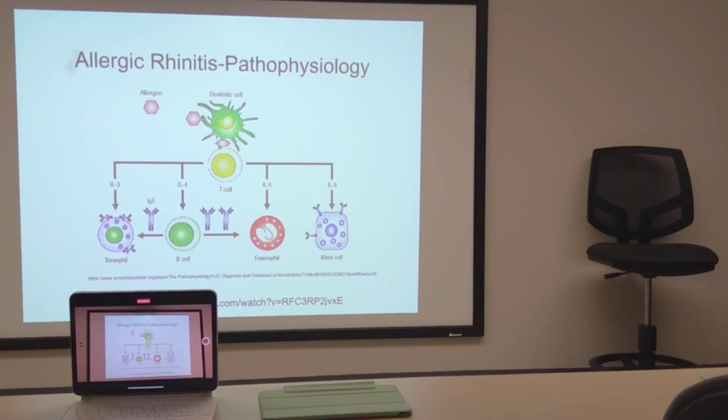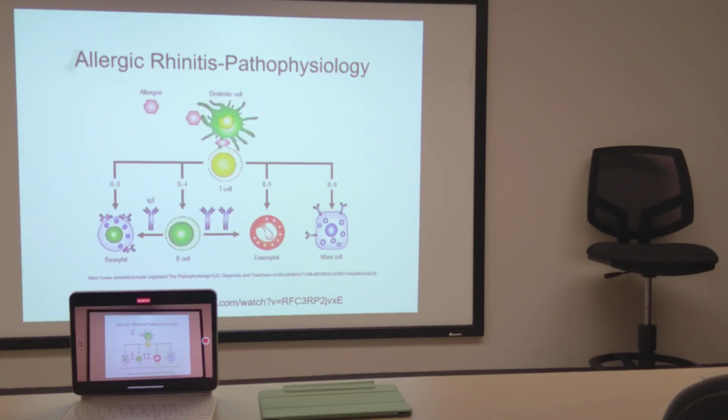Here I'm showing you what cells and what factors are involved in causing allergic rhinitis. We see an allergen here. Let's say this is a pollen, and then it went to the dendritic cell, and this passed to the T cell.